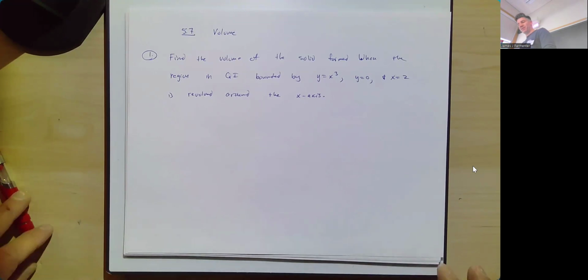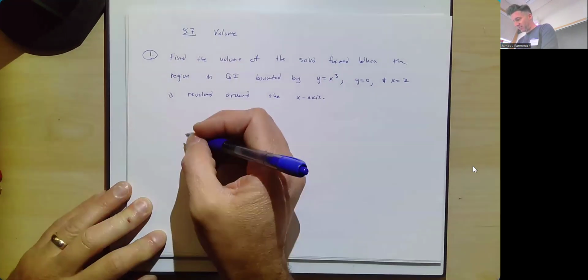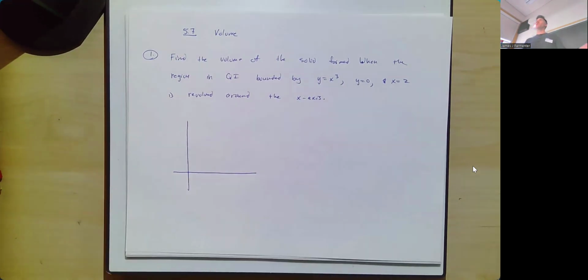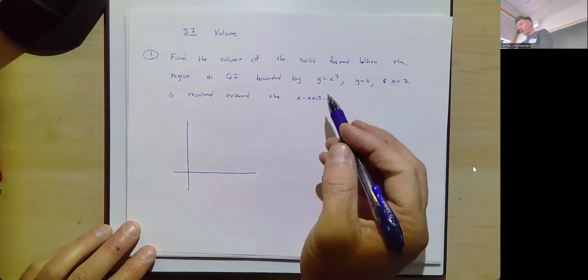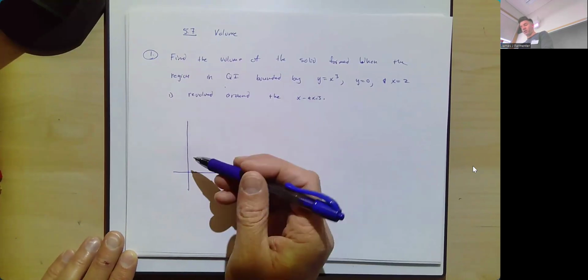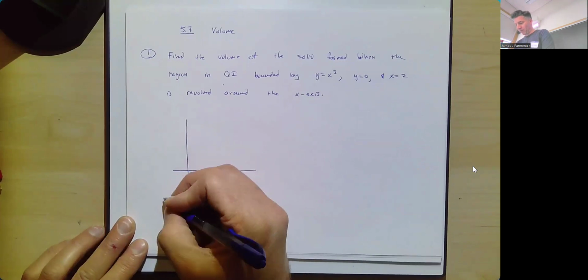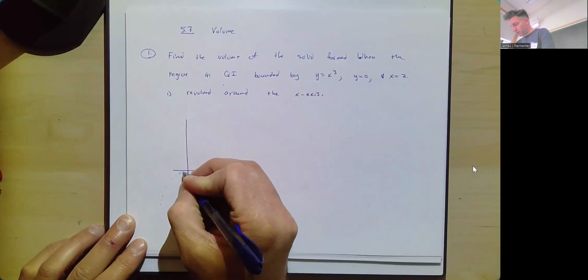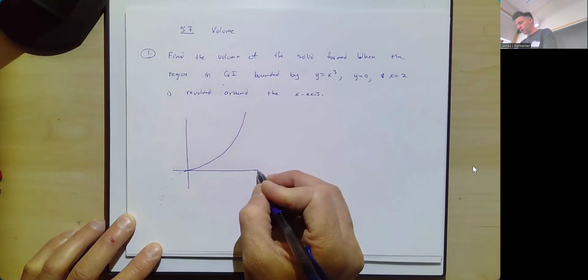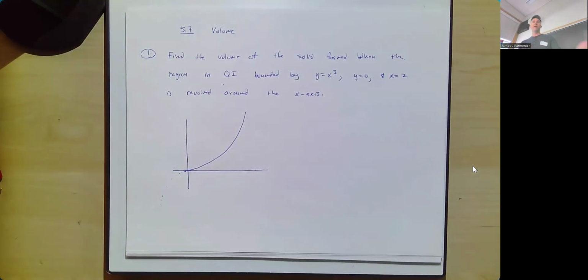It's not absolutely necessary, but I find it hard to do without. Unfortunately, the pictures are usually not too hard to draw. So I'm going to draw the function y equals x cubed. I'm only focusing on what's happening in quadrant 1. So I'm not going to draw the part down here in quadrant 3. I mean, I might draw a little bit of it, to be honest. But then here's my function looking something like this. And it can be super exaggerated. It doesn't have to be a perfect depiction of the function, as long as it's got the general right gist.